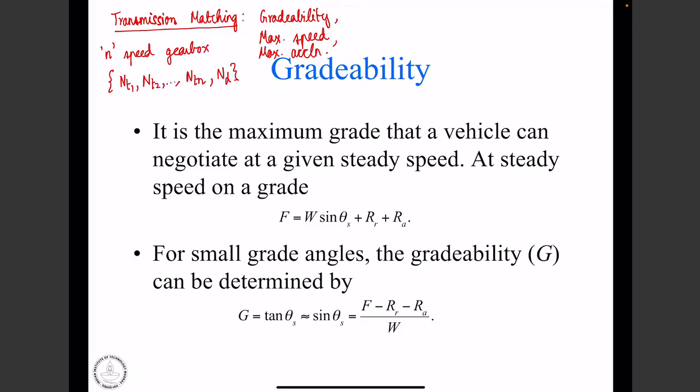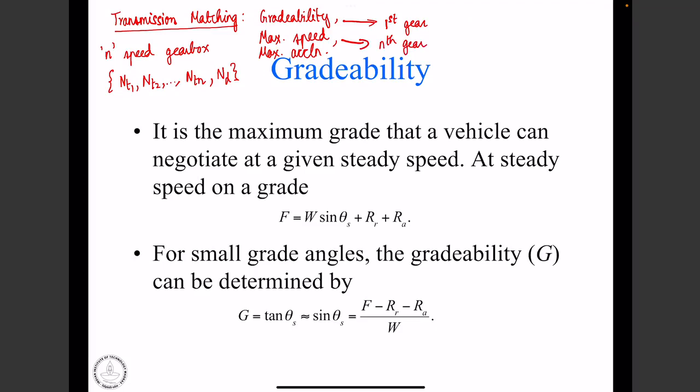Typically, gradability is used to get an equation that involves the first gear, and max speed helps us in getting an equation which involves the highest gear, or the nth gear. Pretty natural, right? When we are going on a steep incline, we engage the first gear so that we get the maximum possible thrust or torque, so that we are in a position to climb up the grade.